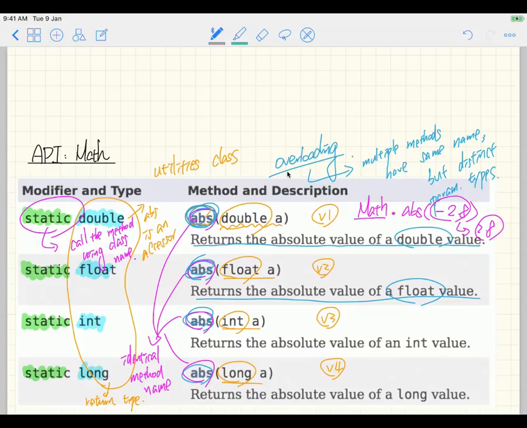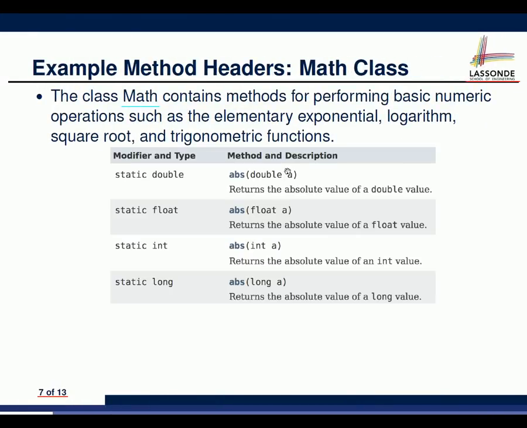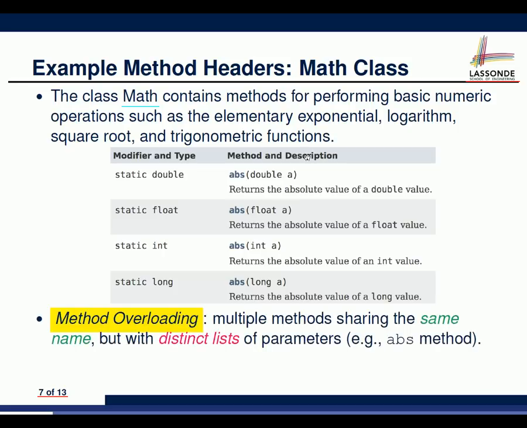You can just use the class name to call the methods. We'll give you more detail if you take 2030 later, but if not, you don't have to worry. That's about the Math class, and you should really know about method overloading.